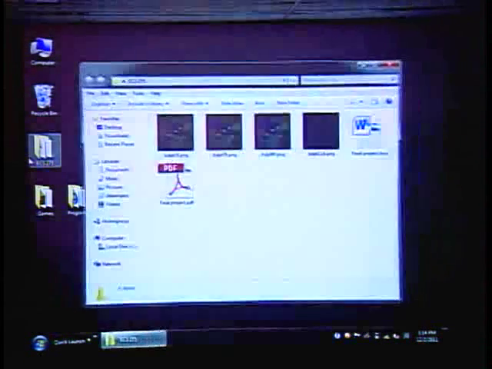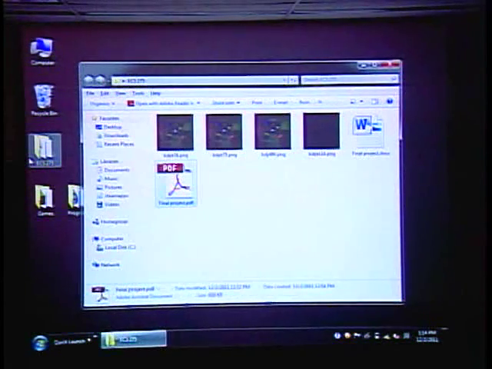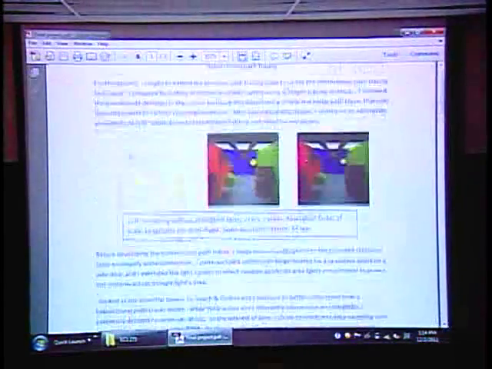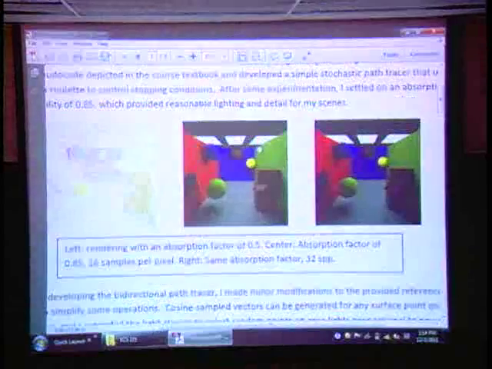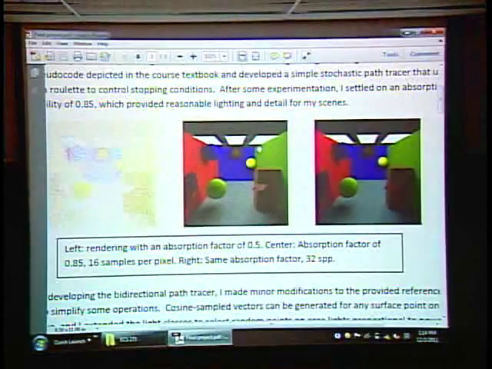Okay, cool. So my name is Nicholas Toothman. I worked on a bi-directional path tracing implementation for my final project. I'll just make use of what I have here. The first thing I did to warm up was get familiar with just making a stochastic path tracer.